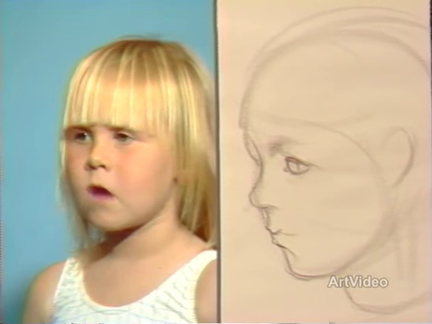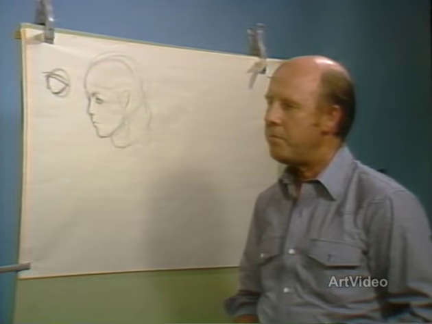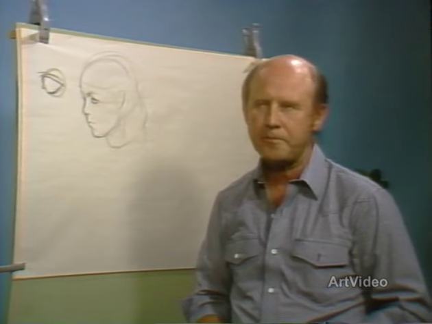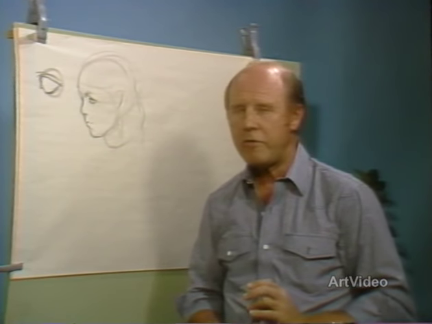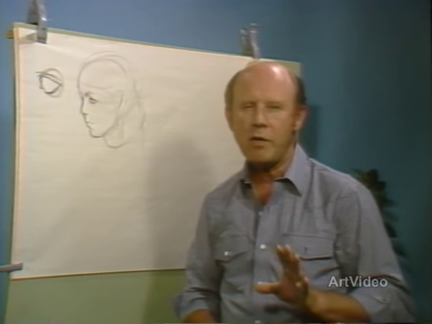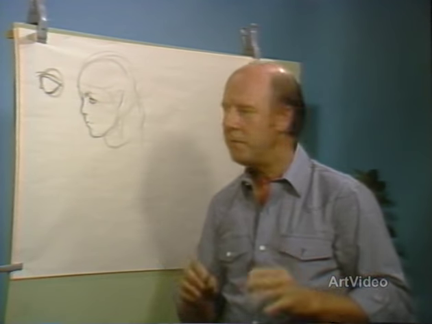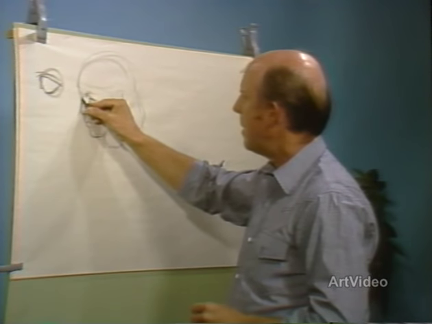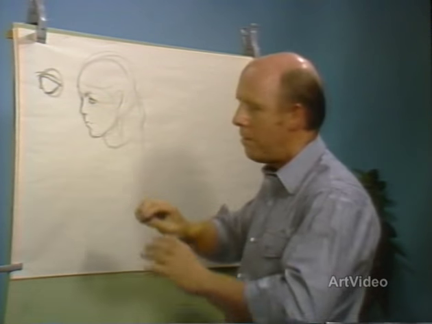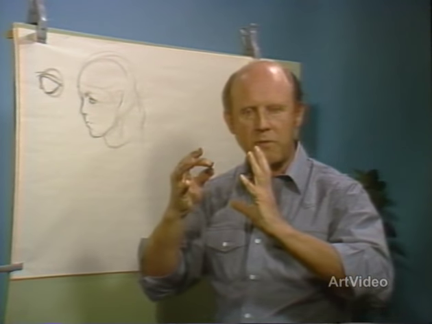Now, the problem that most people have is that they try to put too much into the drawing. Actually, you can put in everything that's there. What you have to do is control the values of how you put things in. The idea that I talked about now is working with the ball, working with the sphere.